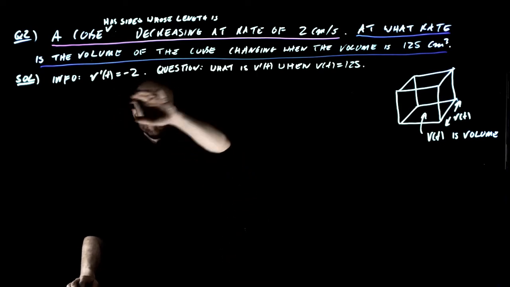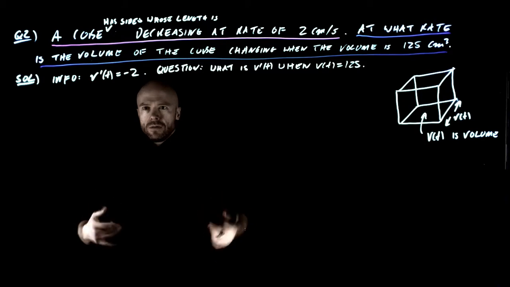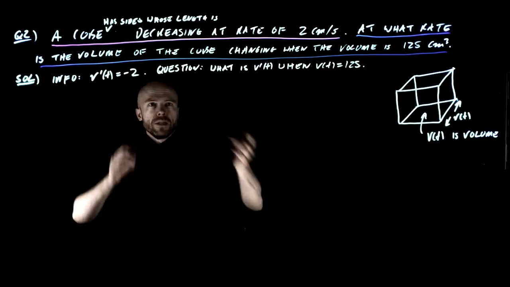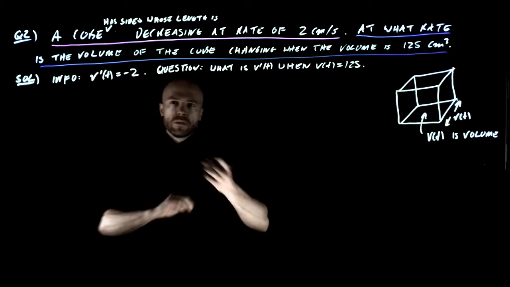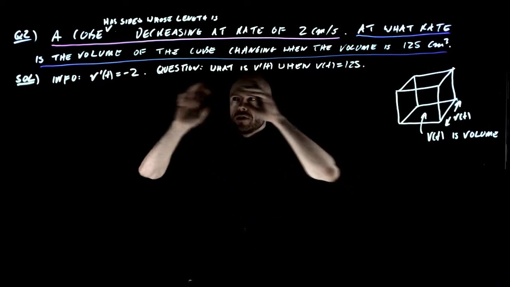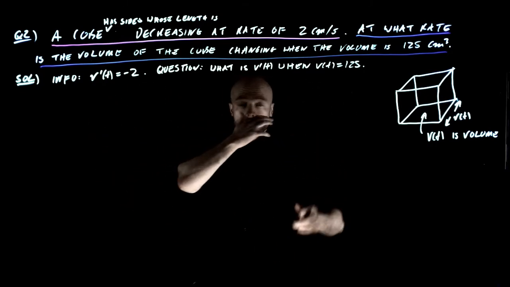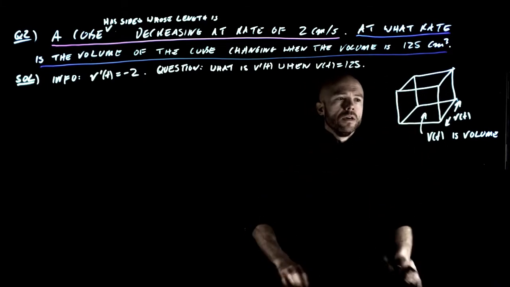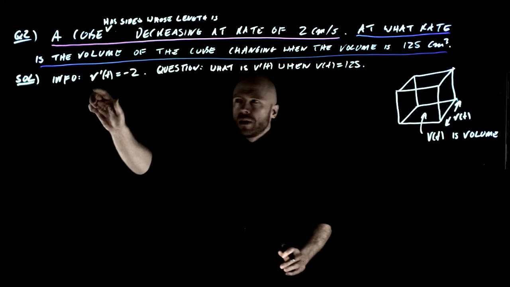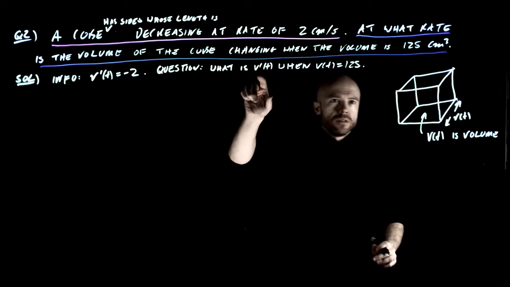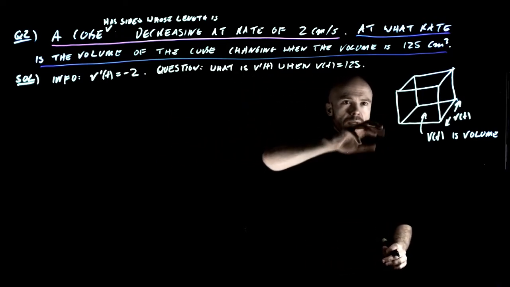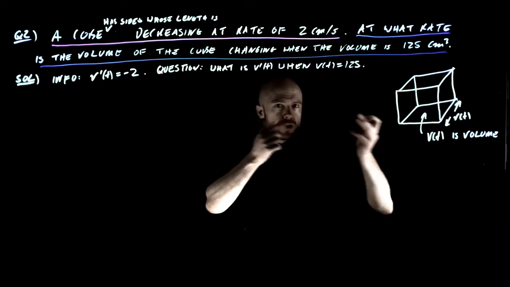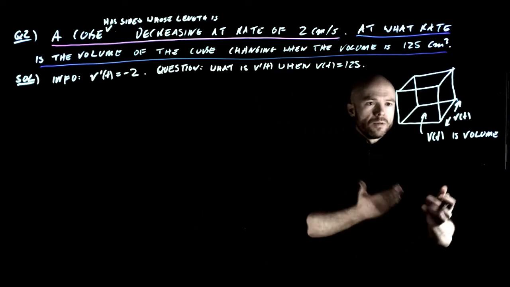So having the information and having the question, we now know that the only way we can possibly answer the question with the information is if there's some kind of relationship between the stuff of the information and the stuff of the question, right? And we have the picture to help us here. And the stuff of the information is about r, right? And the stuff of the question is about V. So we're hoping there's a relationship between V and r, and sure enough, we see that there is one, right?